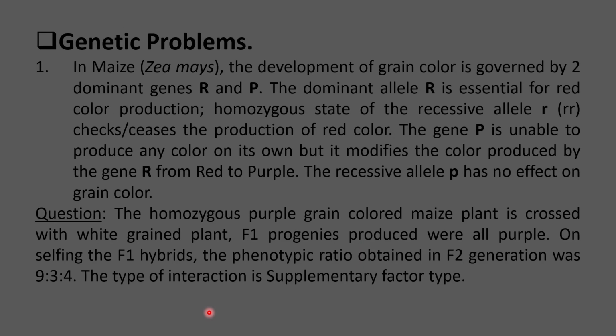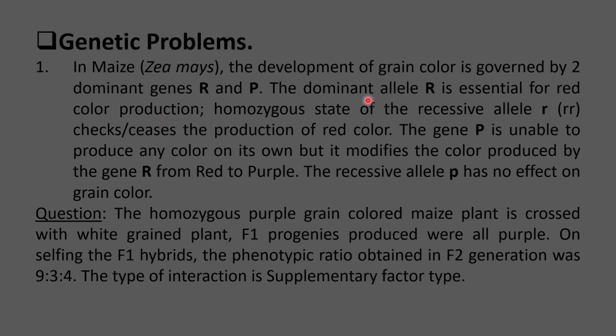Here, the development of color in maize is a supplementary factor inheritance type. The development of green color is governed by two dominant genes, dominant allele R and dominant allele P. Now the dominant allele R is essential for red color production.